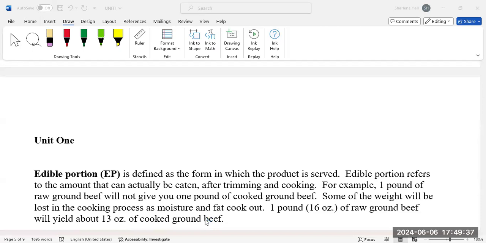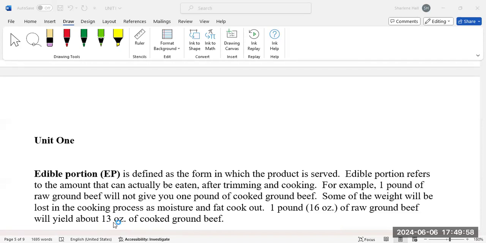So 32 minus 6 equals how much? 26, sir. But remember, 1 pound of ground beef yields 13 ounces, so 13 ounces times 2 will give you 26 as well.